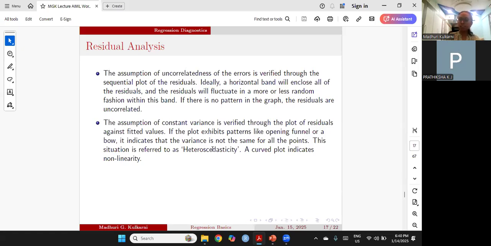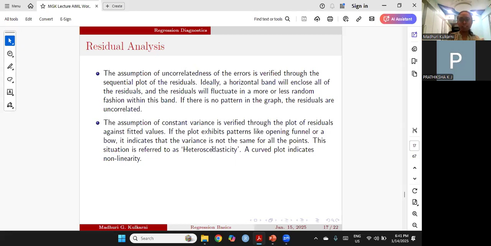This situation is called heteroscedasticity, and that has to be dealt with separately. Then there is the situation which one of the participants mentioned, wherein the regressors themselves are correlated. Say x1, x2 are correlated, then such a situation is referred to as multicollinearity, and that too has to be dealt with separately. The assumption of uncorrelatedness of errors is usually verified by a sequential plot of the residuals.